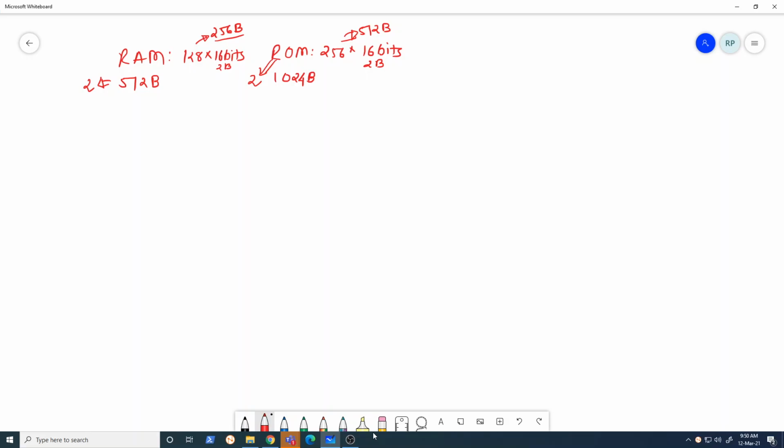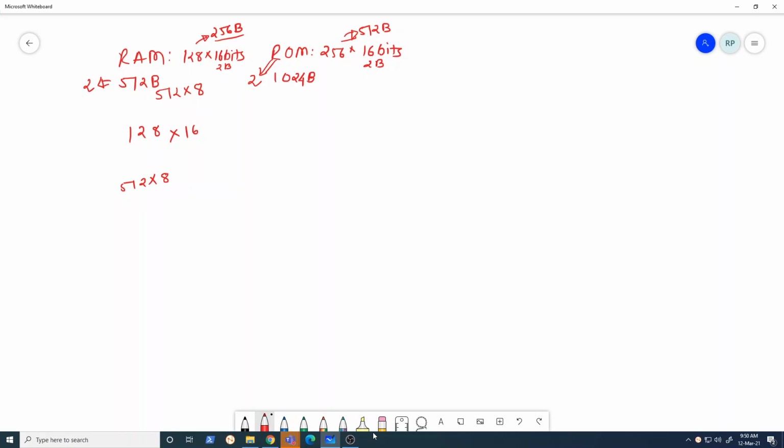Now the other way to think is like this. In your PPT, it is written like this: 128 cross 16. And this requirement is 512 cross 8, right? 512 cross 8 bits.